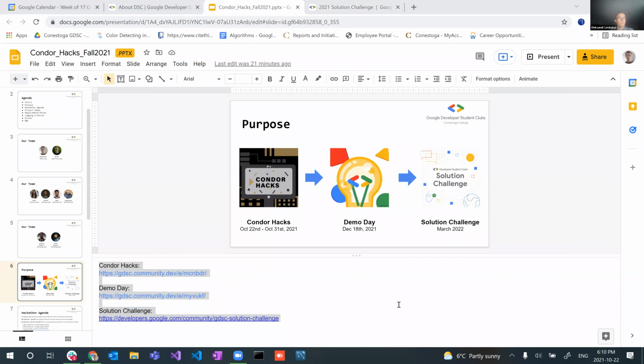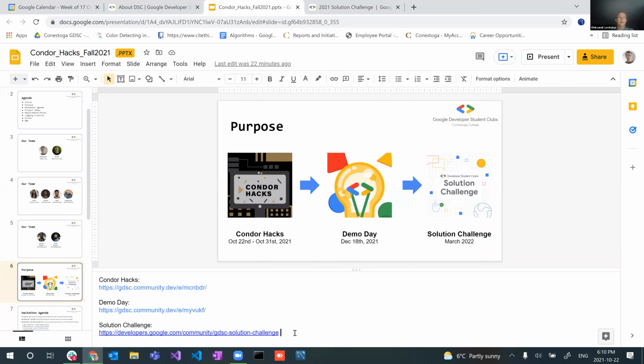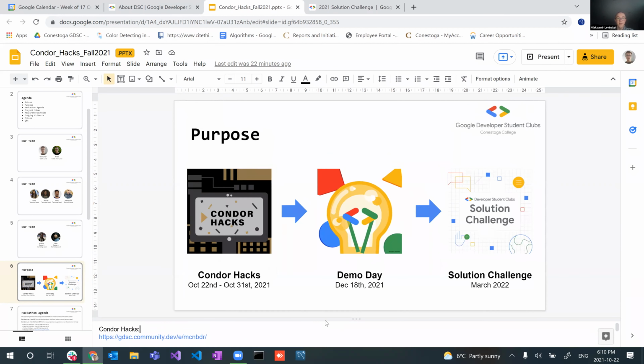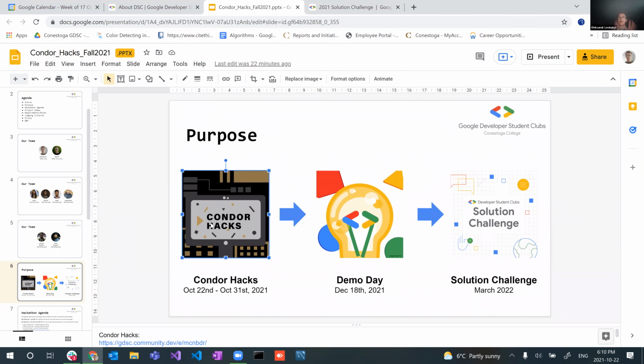So essentially you can register for Condor Hacks in this link, Demo Day in this link, and Solution Challenge is this link, just to view. You cannot register yet, I believe, but you can have an overview of what it is. So we decided to have two events that lead to Solution Challenge. Firstly, Condor Hacks, we are here right now.